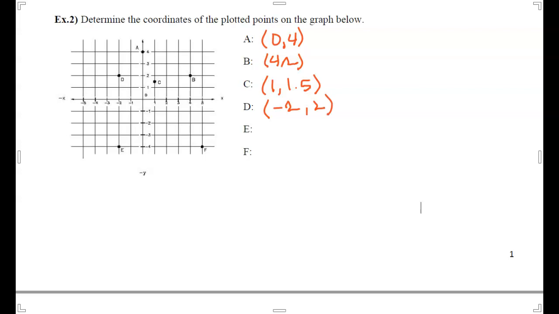E will have -2 and then -4. And then F will have 5, -4. So just make sure you're careful. Hopefully it's a little easier for you to write when you do it than it is for me. So you can just think about the points and not try to write the points nicely. So x coordinate first, y coordinate second.